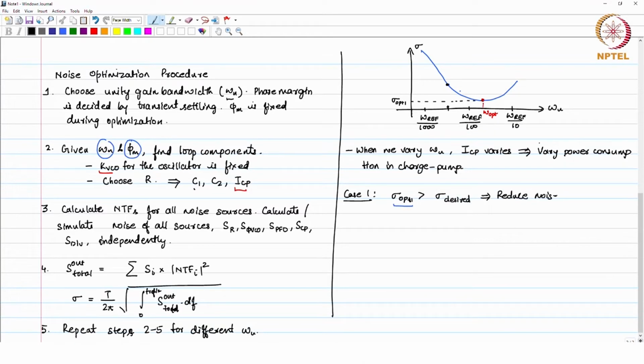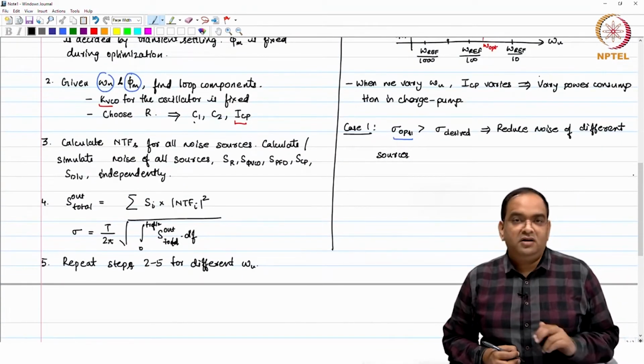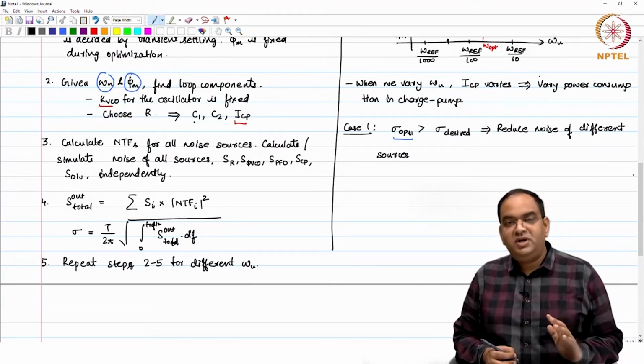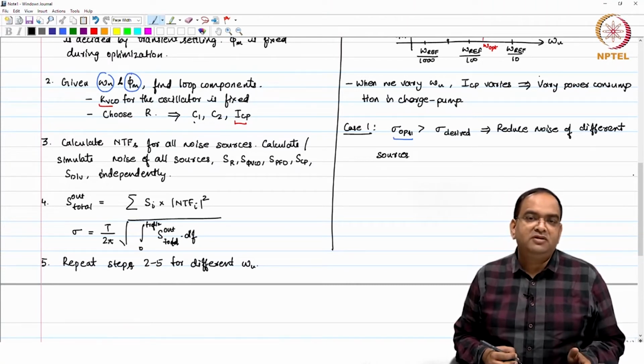If this happens, you have to reduce the noise of different sources. Now, how will you reduce the noise of different sources? That is the question. This PFD and charge pump: the PFD is working at the fixed reference rate. Normally the noise contribution by the PFD is very small, but it works at the fixed reference rate.